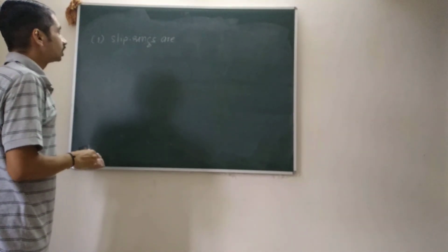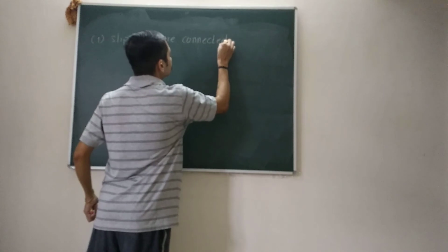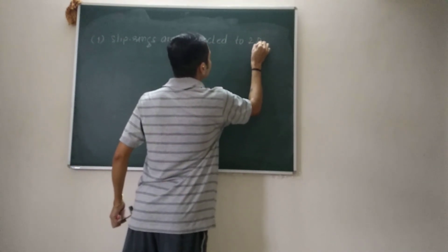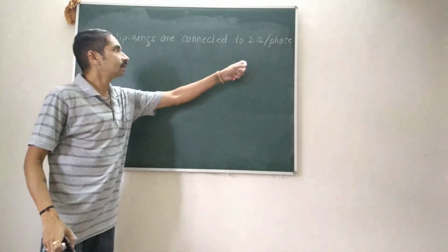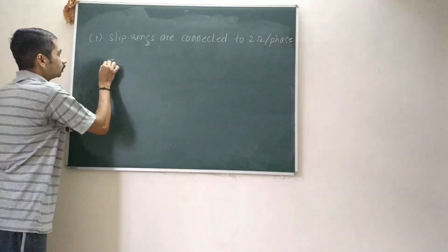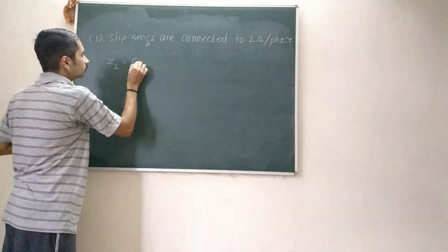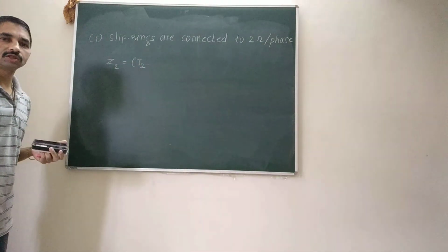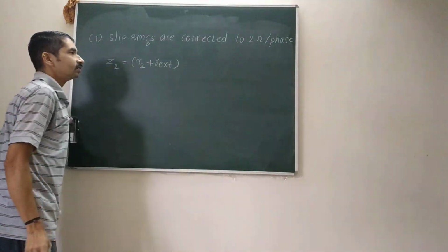In the second condition, they are saying that slip rings are connected to a 2 ohm resistor per phase. That means I have to now add these 2 ohm to the original value of rotor circuit resistance, and then the new value of my rotor circuit impedance per phase will be the original rotor circuit resistance per phase, that is R2, plus this external resistance which they have added, which is 2 ohm per phase as per the given information, plus jX2.